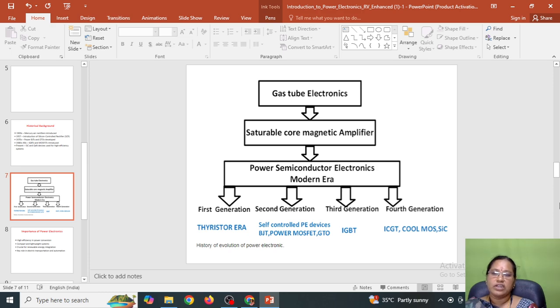In the second generation, self-controlled power electronic devices such as BJT, power MOSFET and GTO. In the third generation, IGBT, the insulated gate bipolar transistor, which combines both BJT and power MOSFET characteristics. In the fourth generation, new devices were introduced such as ICGT, CoolMOS and SiC.